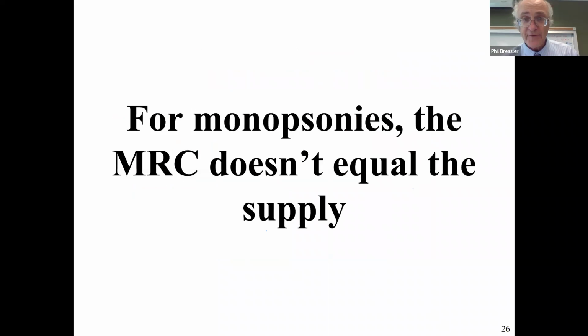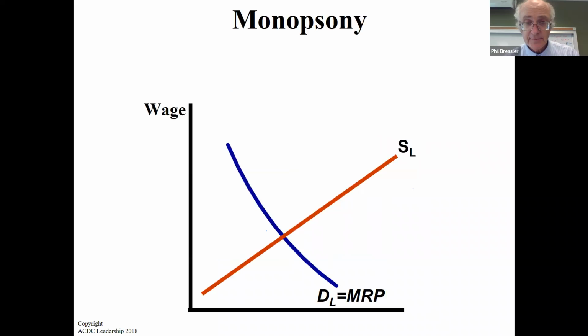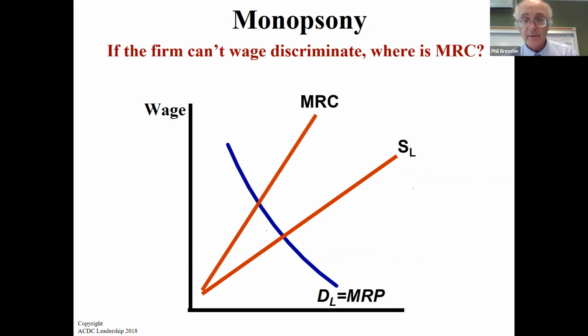So when I'm graphing this, where am I going to put this? There we go. Now here's where I'm going to ask you. What's the quantity of workers this monopsony is going to hire? How on the graph am I going to find it?